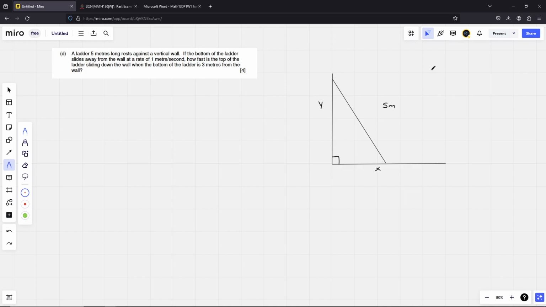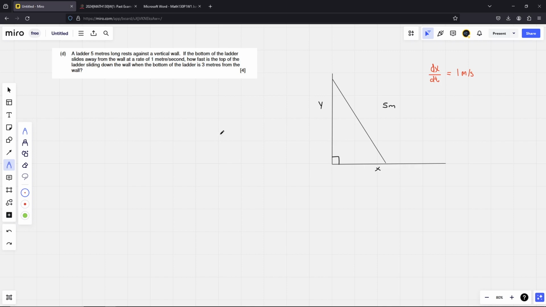So we can say the rate of change of the bottom of the ladder with respect to time is moving at, that says 1 meter a second. Okay, cool. So that just means that this is sliding away every second at 1 meter. So it's going to be 1, 1, 1, or whatever. You get the idea.